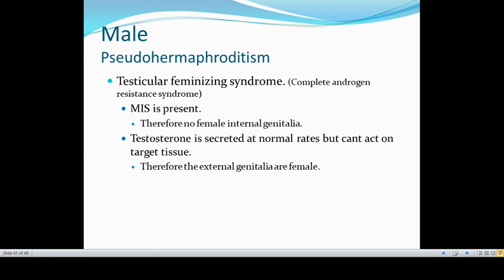Therefore, the external genitalia are also female. Now, individuals with this syndrome develop enlarged breasts at puberty and are considered to be normal women until they seek medical advice because of lack of menstruation.